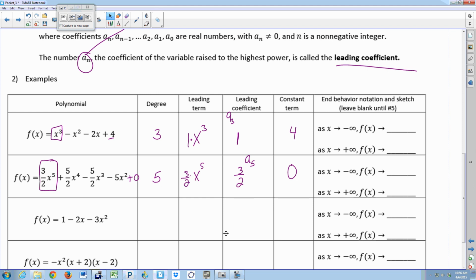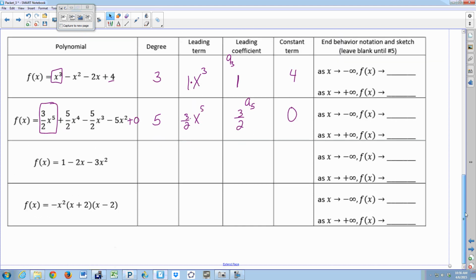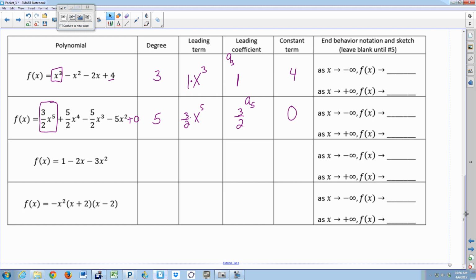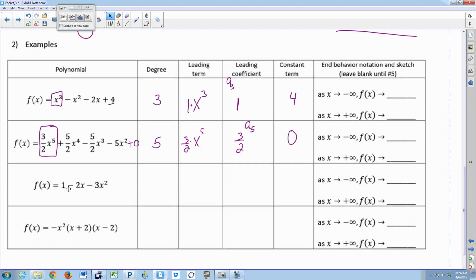All right. Okay, the middle table, you get to go around twice each. See how exciting that is? So what's the degree for this polynomial right here, Dean? Second degree. And what's the leading term? Okay, does everybody agree with negative 3x, where you take the whole kit and caboodle, right?